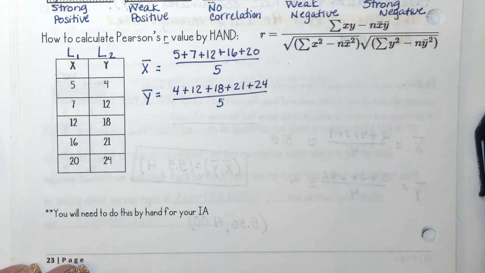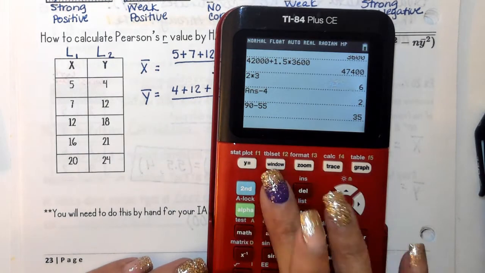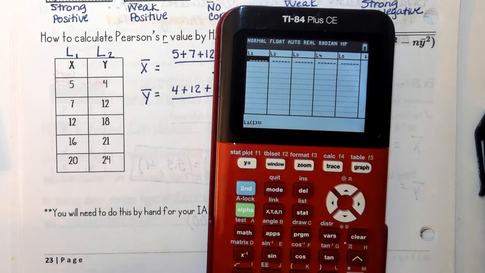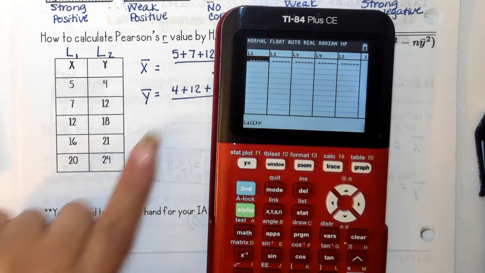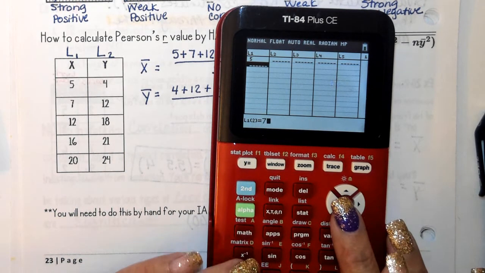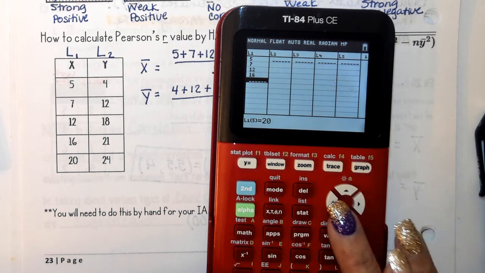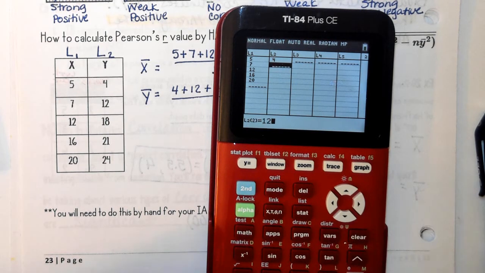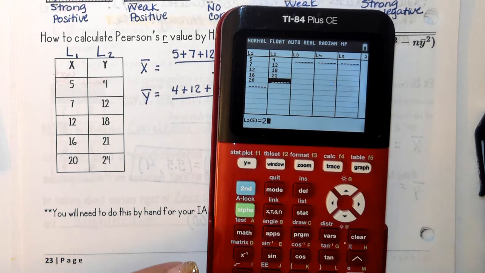Now I am going to jump over to my calculator. I'm going to do it on my calculator even though I just set it up by hand. I like doing it the long way, but I'm going to do the math here. So 5, 7, 12, 16, 20, and then 4, 12, 18, 21, 24.